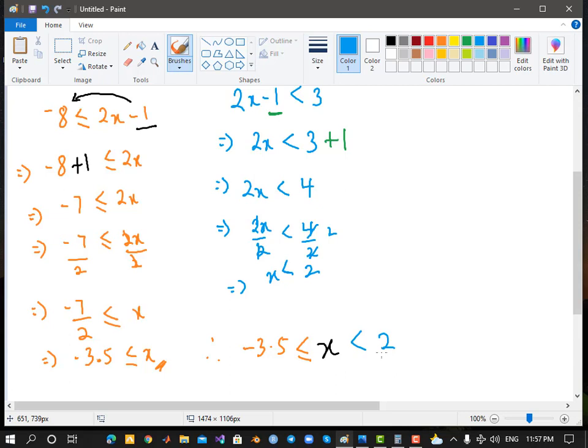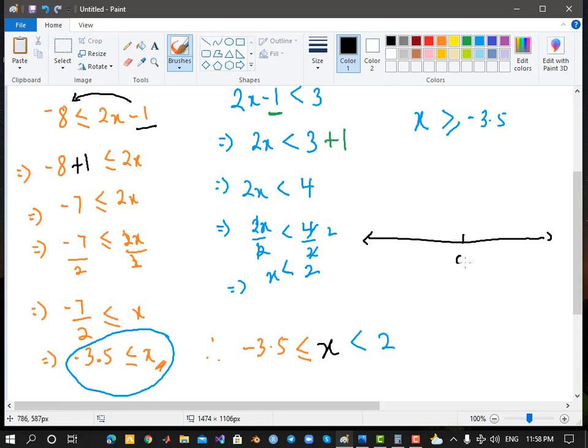So when we pick this first one here, you can write it like this: x is greater than or equal to negative 3.5. So we have our number line here.